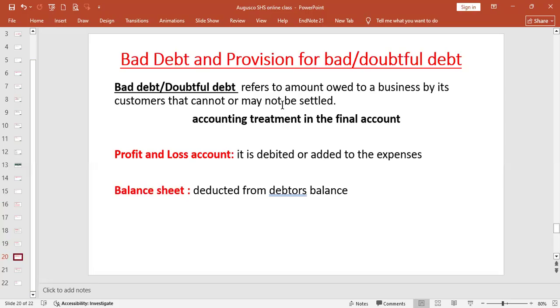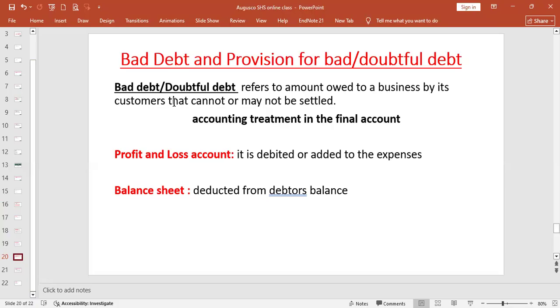So it is bad debt if it cannot be settled or cannot be collected. So if your friend owes you 10 cedis and due to certain conditions you cannot collect the 10 cedis, then it means that that 10 cedis debt is bad to you. It is doubtful when you have reasons to believe that it may not be settled.